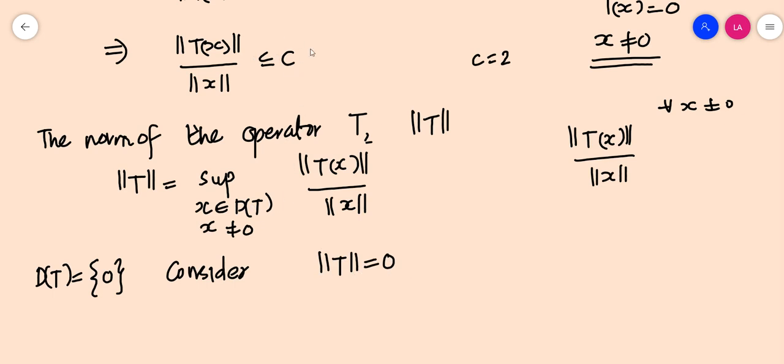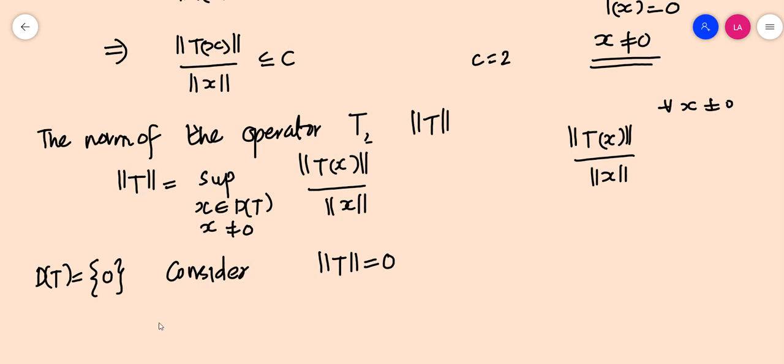Now instead of c, we can substitute norm T, because this norm T is actually the least among the set of all c for which this inequality holds. So norm T is a particular value of c with which this inequality holds.